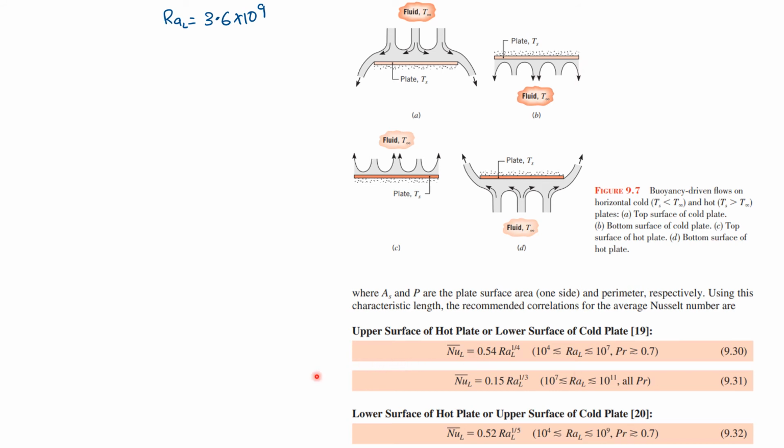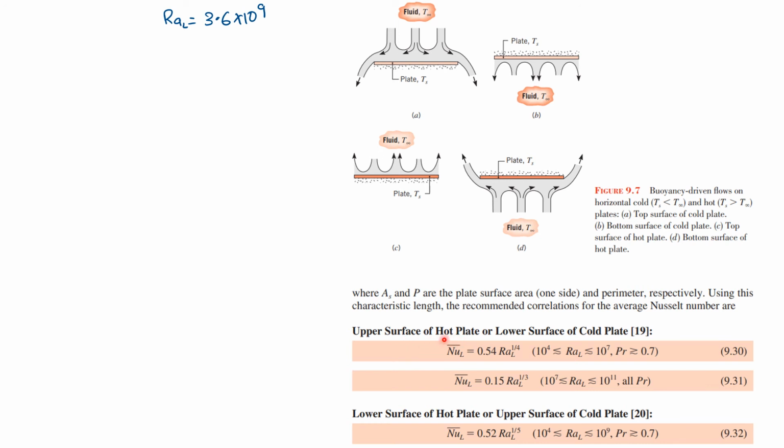So in your text, equations 9.30, 9.31, and 9.32 give us the correlations for Nusselt number for these different scenarios. For our scenario, we have the upper surface of a hot plate given.